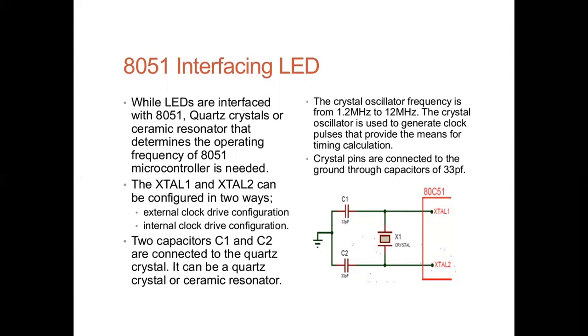Two capacitors C1 and C2 are connected to the quartz crystal. The crystal oscillator frequency is from 1.2 MHz to 12 MHz. The crystal oscillator is used to generate clock pulses that provide a means for timing calculation. Crystal pins are connected to the ground through capacitors of 33 picofarad.